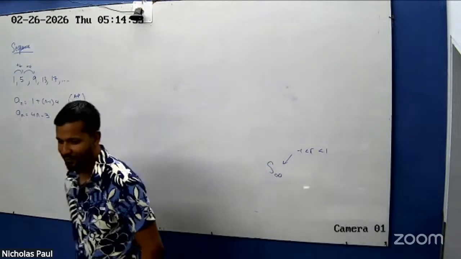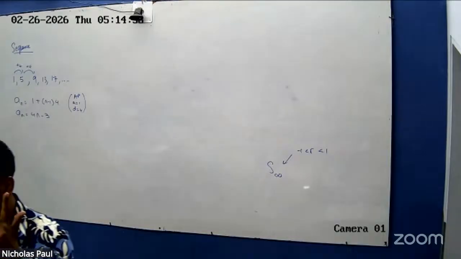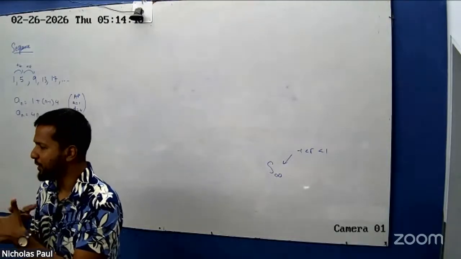So convergent, divergent, and periodic. How do we show a sequence is convergent?